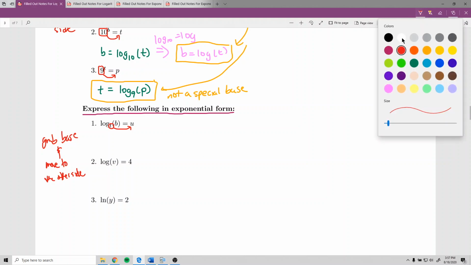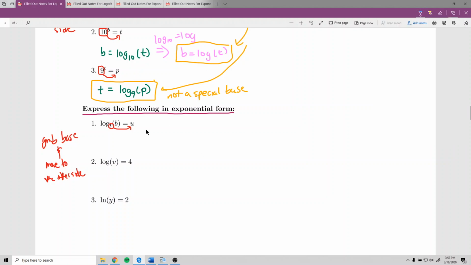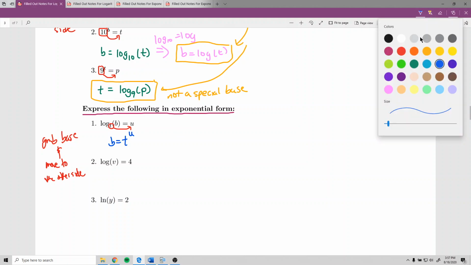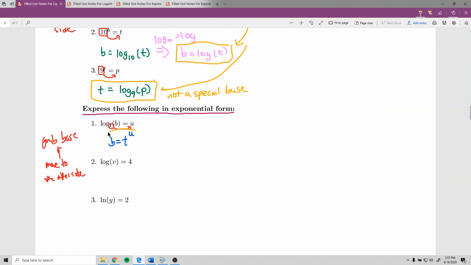Remember, we're switching to exponential form. Since we start with a log, it's going to go away. The left side's just what's inside here, which is b, and the right side has base b to the u power. And same thing as before, you want to type in the whole equation, don't just type in one side.